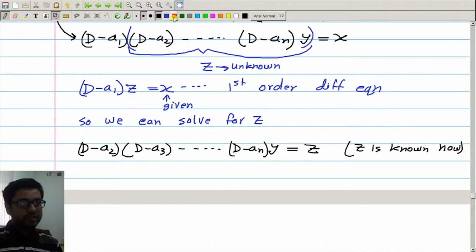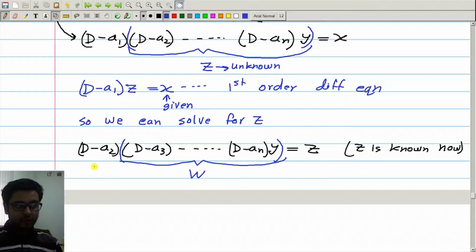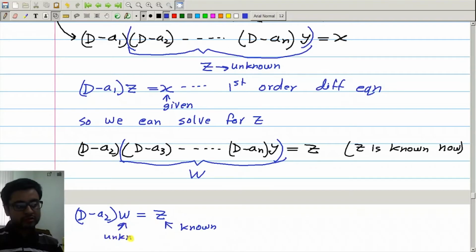So now let me define this part as a new signal, call it maybe W. Once again, (D minus a2) acting on W is equal to z, where z is known, W is unknown, but this is a first order equation and we know how to solve it.